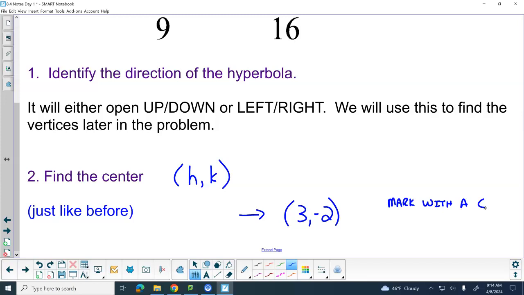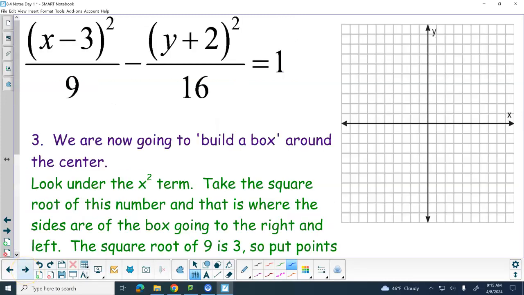So we go 3 right and 2 down, and we put a little C on our graph, just like that.